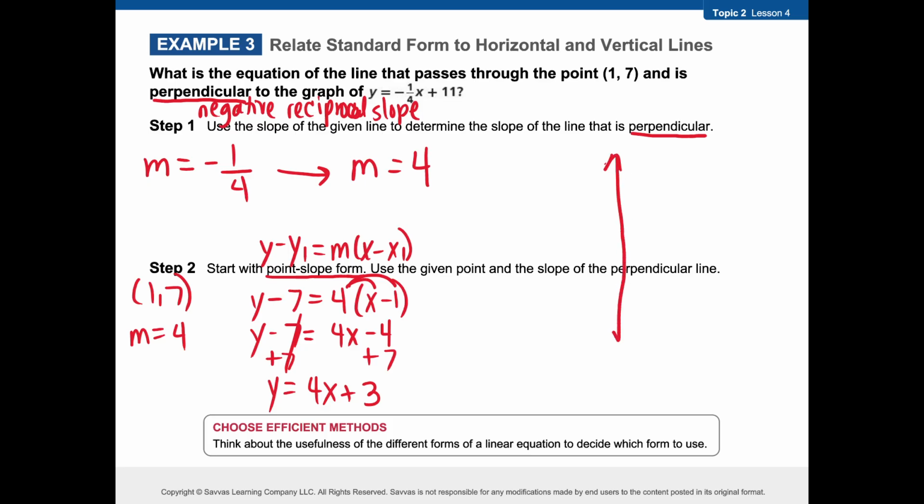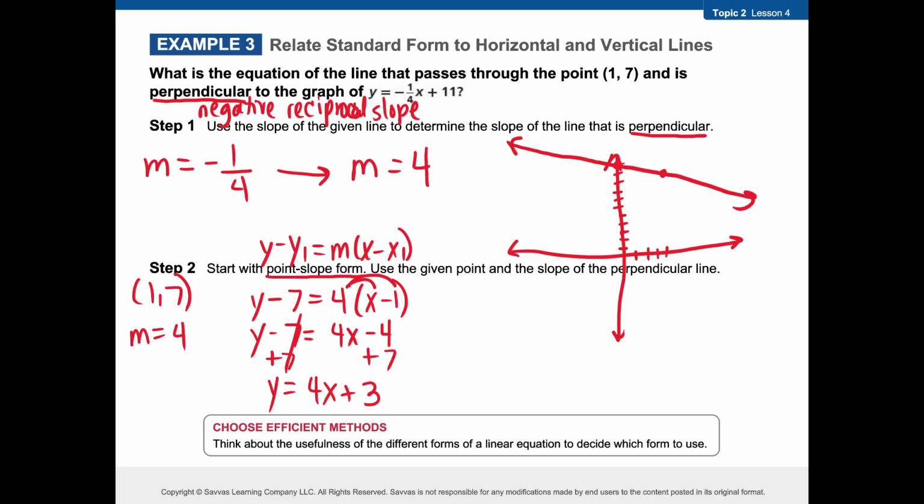And again, I'm just going to go ahead and graph both of these so you can see what perpendicular looks like. My original equation, 1, 2, 3, 4, 5, 6, 7, 8, 9, 10, 11, starting at 0, 11, going down 1 unit, 4 units to the right.